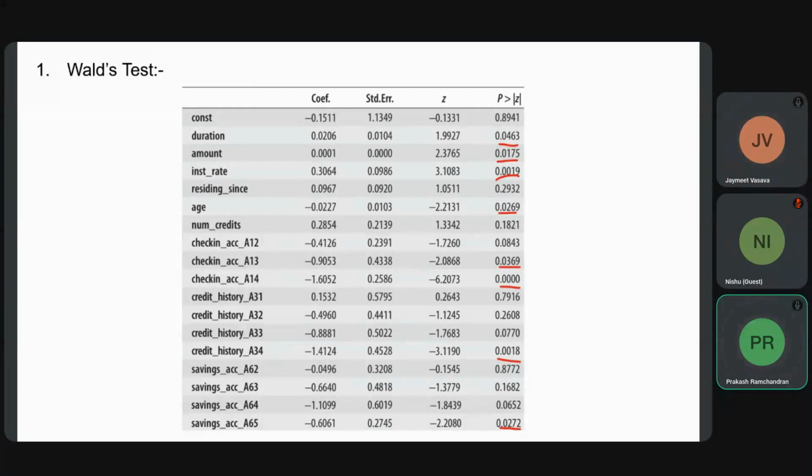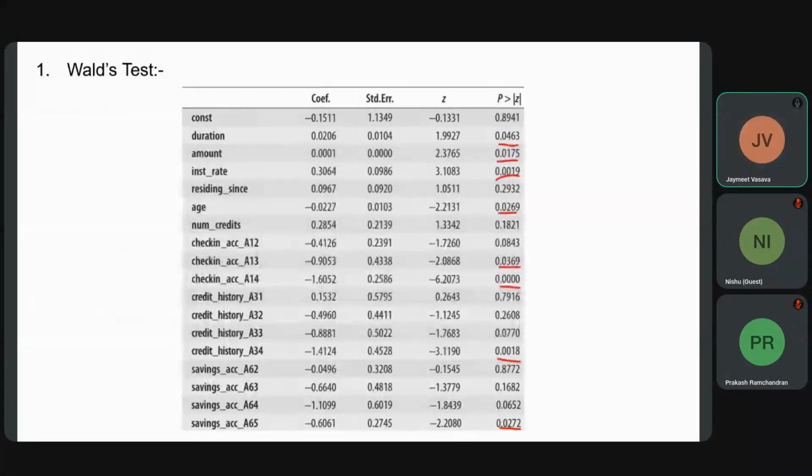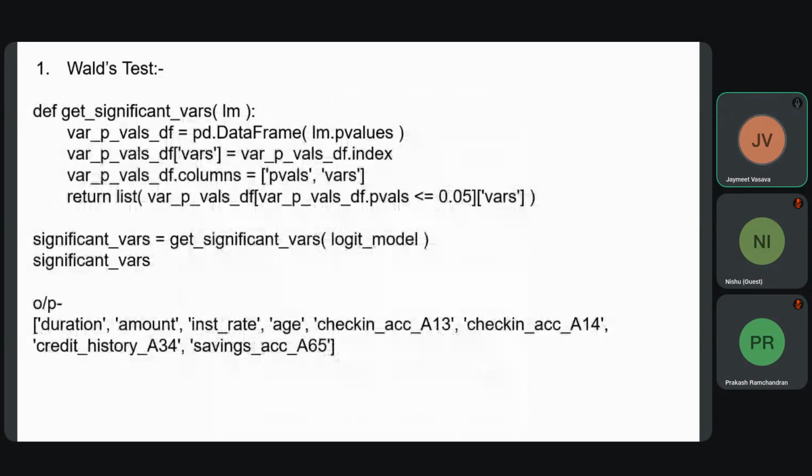So for that, we will be creating a get significant variable function, where the p-values in the data frame that are less than 0.05 will be returned. So get significant variable returns a list of the p-values which are smaller than 0.05.